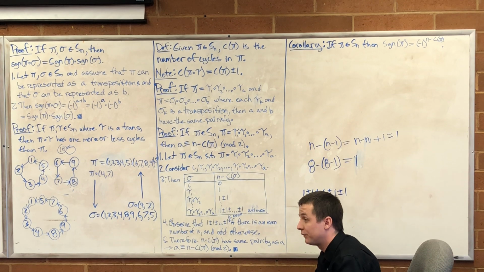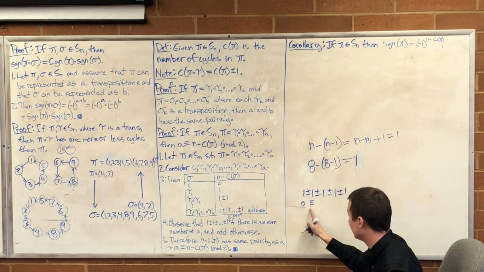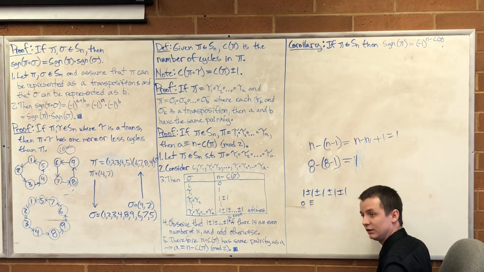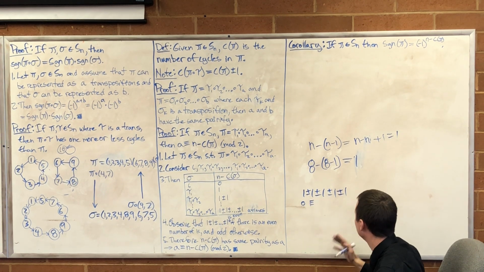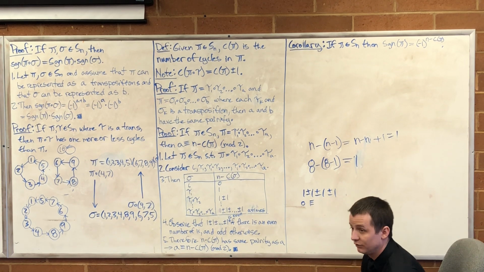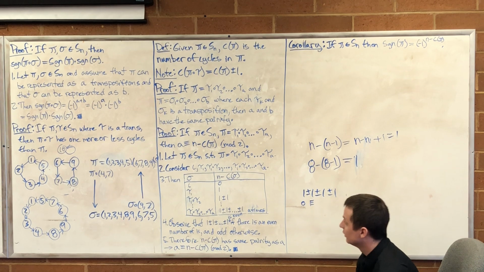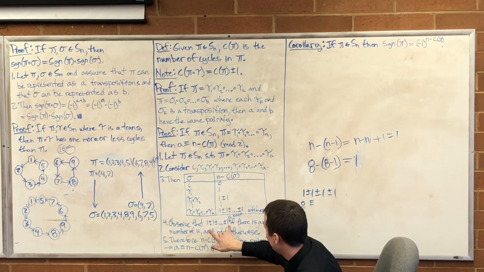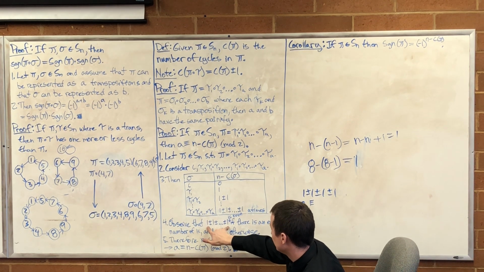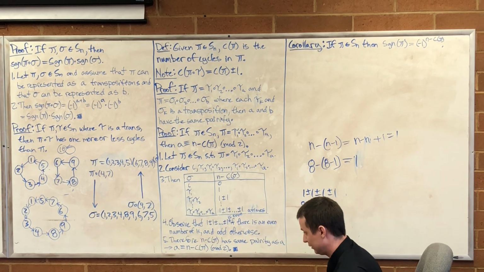Anytime I go 1 away from an odd, I've got an even. Anytime I go 1 away from an even, I've got an odd. So I'm odd, then I'm even, then I'm odd, then I'm even, then I'm odd, etc. So if I have an even number, then it's going to be even. If I have an odd number, then it's odd. Okay. So the sum of all these things is even if there's an even number of ones and odd otherwise.